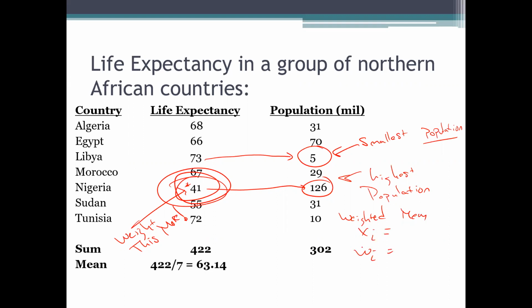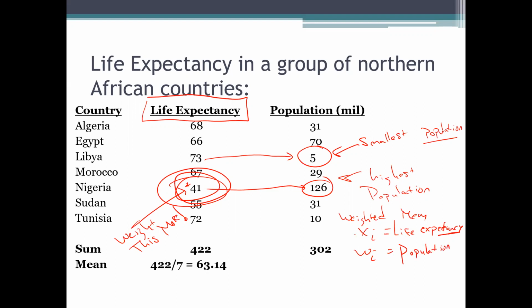So x sub i was my original variable of interest, and what we were originally interested in was life expectancy. So there's only one other variable here. What do you think we're going to weight life expectancy by? Yes, exactly.